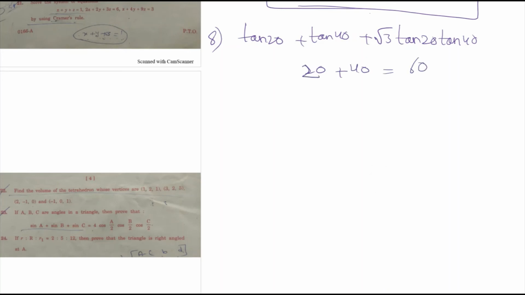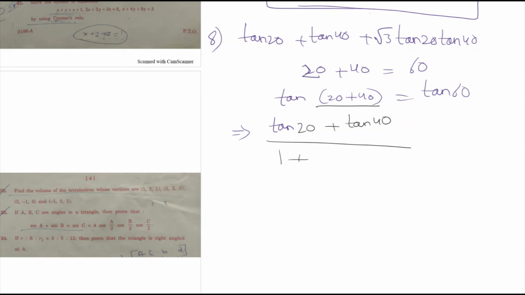Applying tan on both sides, what I get is tan of 20 plus 40 equals tan 60. That implies tan of 20 plus 40, this is of the form tan A plus tan B by 1 plus tan A into tan B, equals root 3 because tan 60 is root 3.